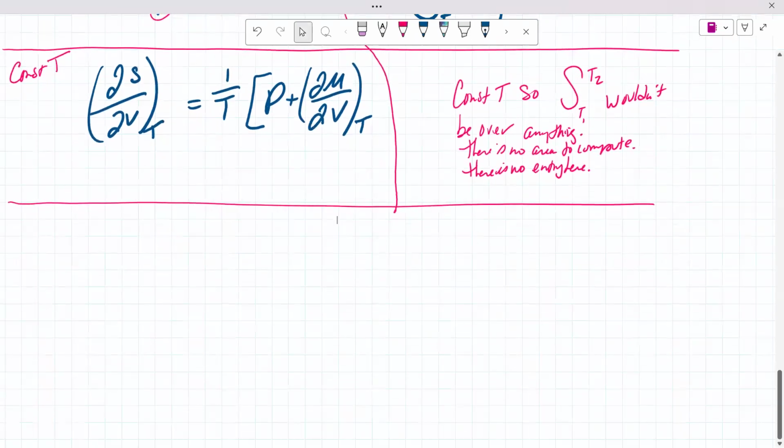Next, we have absolute entropies of gases, and these can be calculated from partition functions. Those partition functions continually have more and more uses for us every day. Absolute entropies.